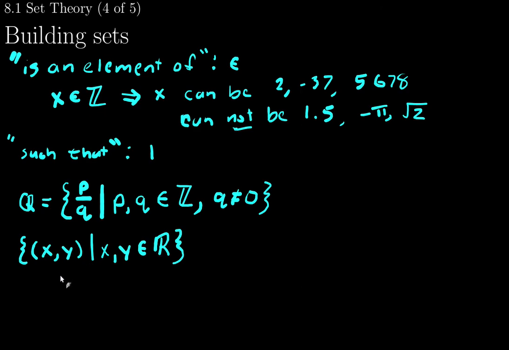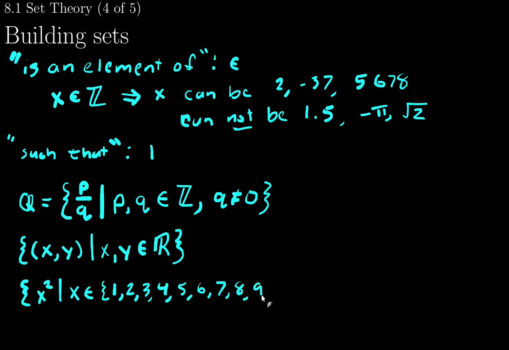Or I could do something else. I could say, what are the first 10 positive perfect squares? Well, those would look like this. I could say, let's make x squared such that x is in, and I could try to do something weird with that Z here, or I could just make it easy. 1, 2, all the way up to 10.